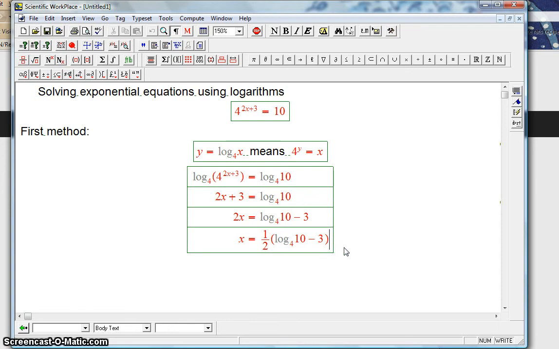Okay, so what's another way to do it? Especially if you don't think your calculator is set up for log base 4 directly. Well, you don't actually have to use a logarithm that's adapted to the base if you know enough about rules of logs. It's analogous to the first method.